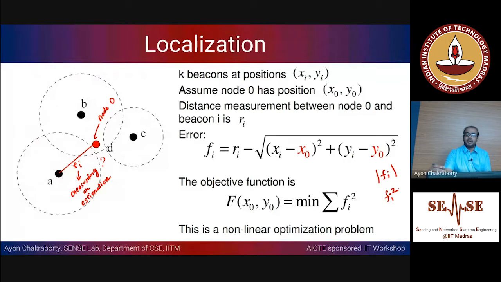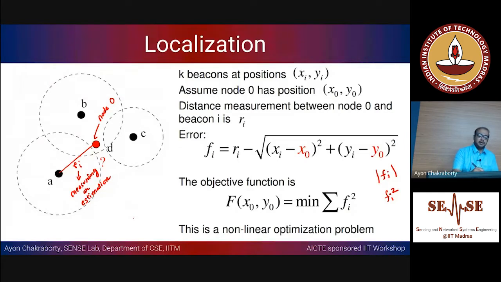So we want a summation of positive terms. Ideally this should be zero, and we have to play with the values of x naught and y naught, trying to make it close to zero, or we will be satisfied with some kind of a global minima.